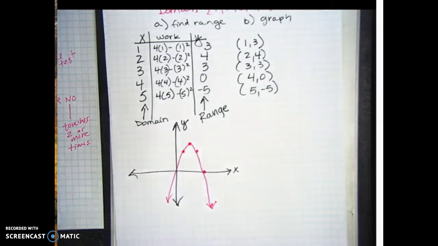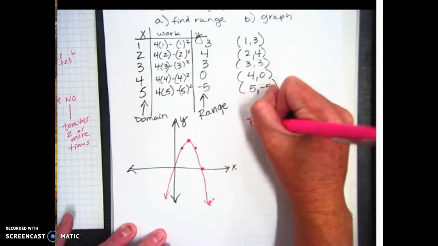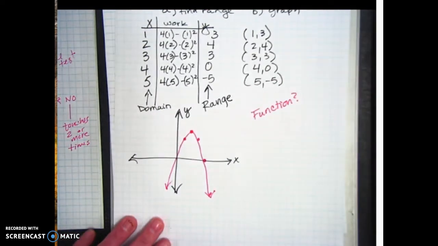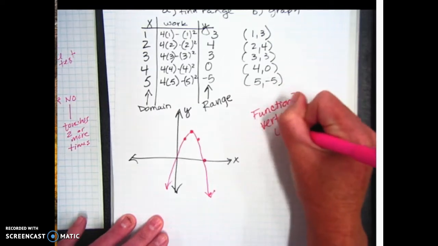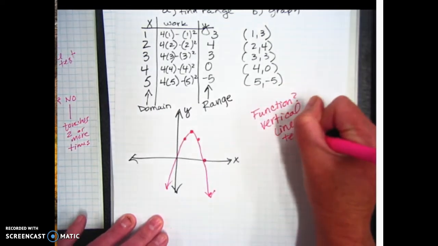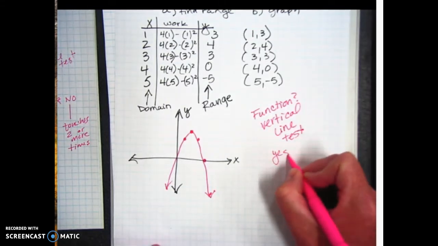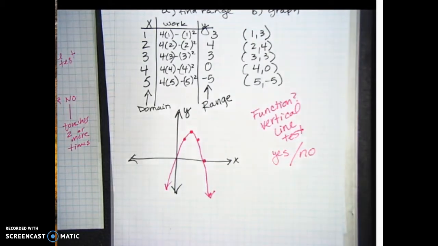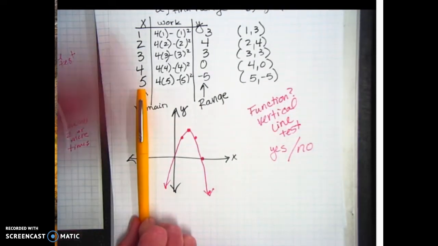Sometimes they're going to ask you to graph it, or they'll give you a graph, and then they'll say, is this a function? And you can do something called the vertical line test. Okay? And once you get the vertical line test, you'll be able to answer yes or no. Okay? So for the vertical line test, you take your pencil, you start with it going straight up and down, vertical, right?